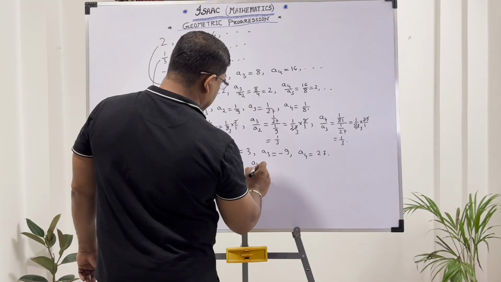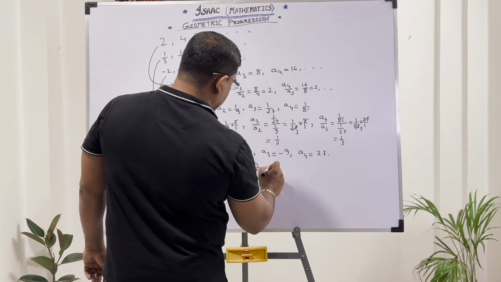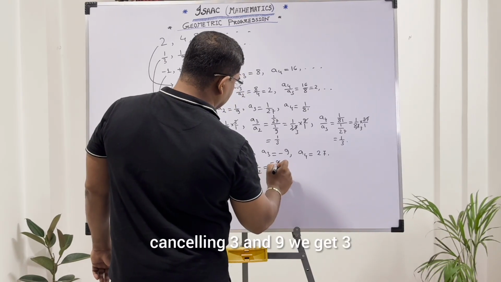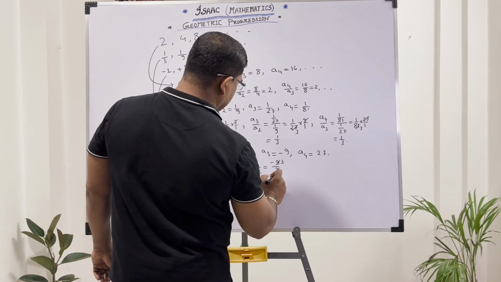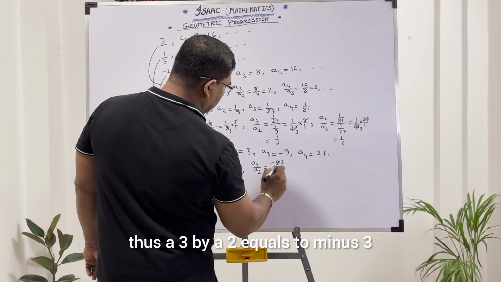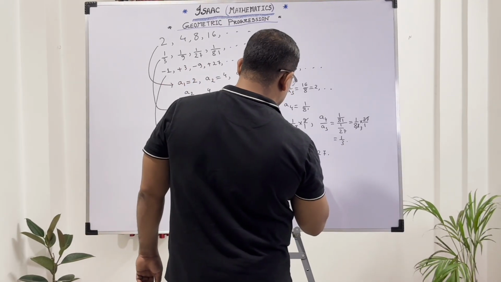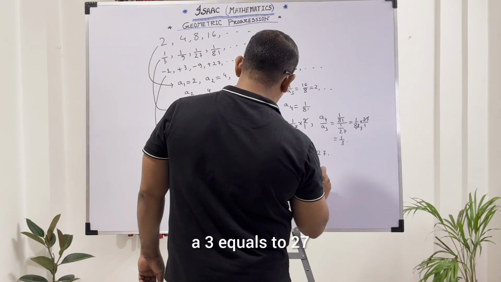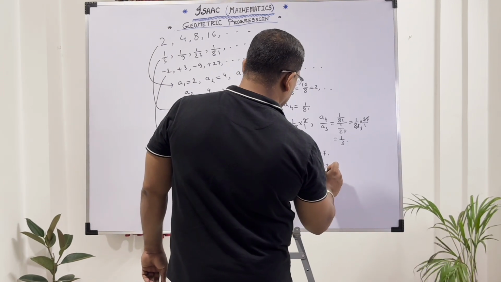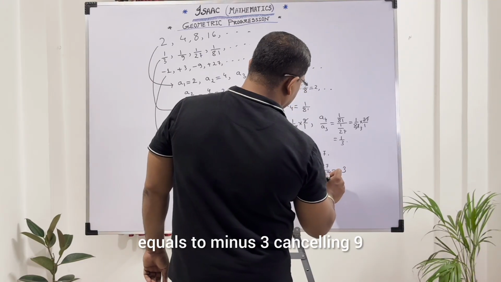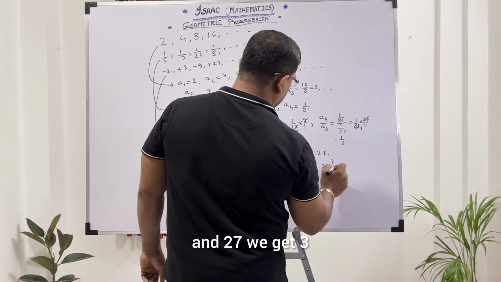A3 by A2 equals minus 9 by 3. Cancelling 3 and 9, we get 3. Thus, A3 by A2 equals minus 3. A4 by A3 equals 27 by minus 9 equals minus 3. Cancelling 9 and 27, we get 3.